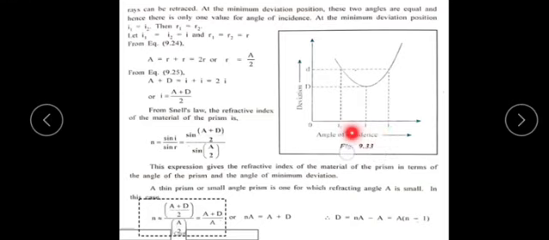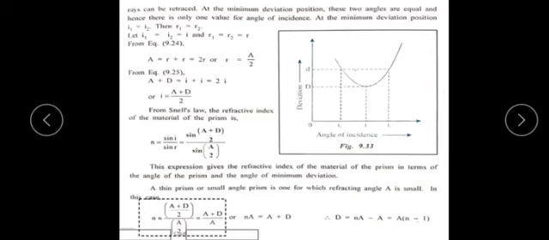But at one particular point there is only one angle of incidence with that deviation. This deviation we call the minimum. Here, this is the minimum value of deviation, and this capital D we call the angle of minimum deviation.